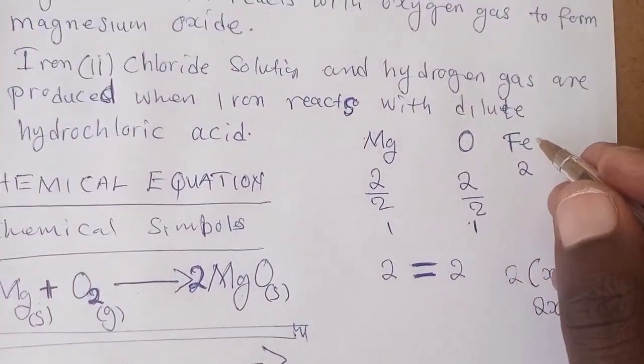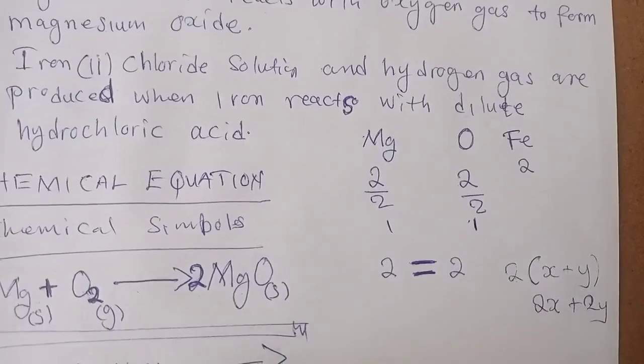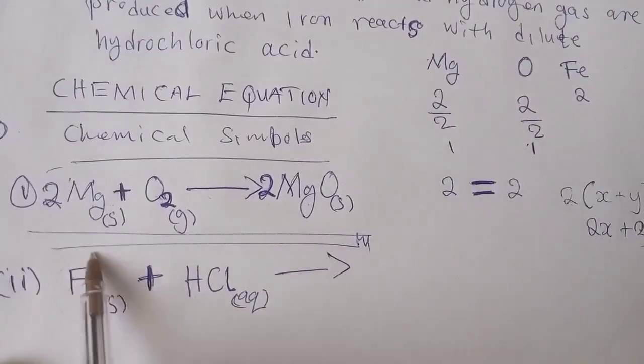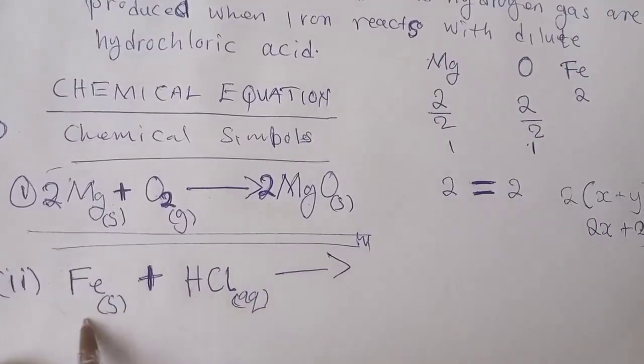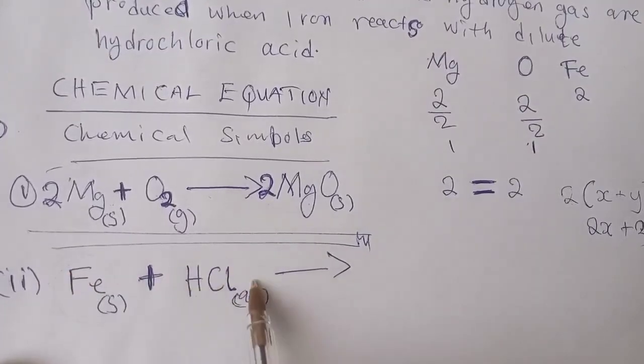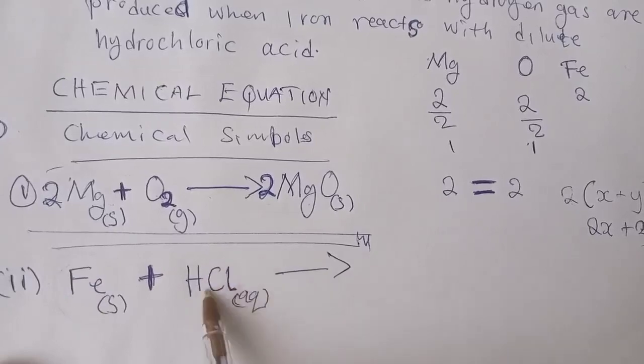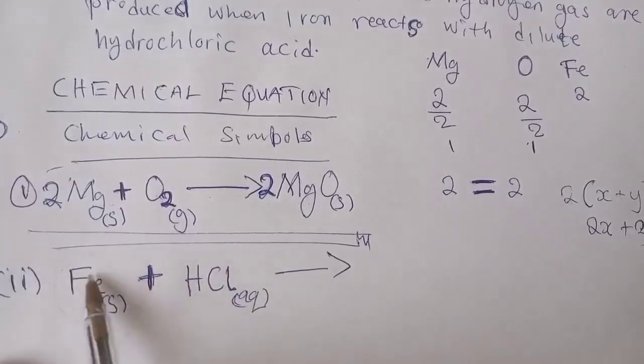Chlorine, like that. So when iron reacts with hydrochloric acid, it will get the chlorine from the hydrogen.